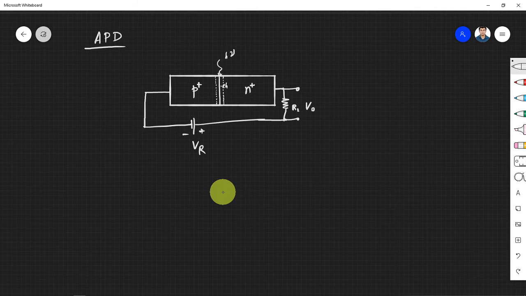And if the electric field is very high, in APD we generally create an electric field of the order of 10 to the power 5 volt per centimeter. This is the order of electric field we create across the junction in case of an APD.